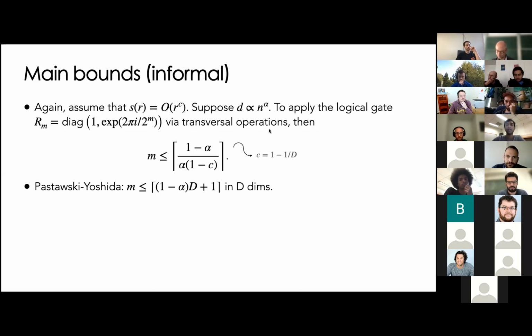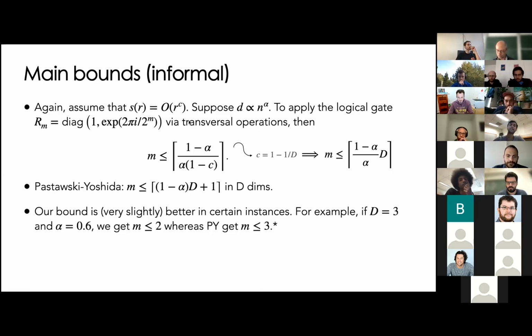If you plug that into this bound, it tells you that the angle of this rotation has to be bounded by (1 minus alpha) over (alpha times d). So if you compare these two, the Pastawski-Yoshida bound is mostly better because it's tighter by this factor of alpha.